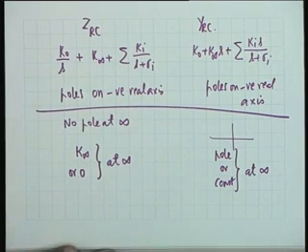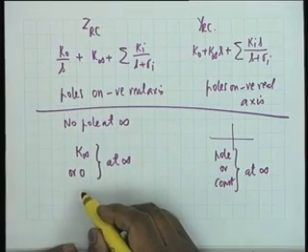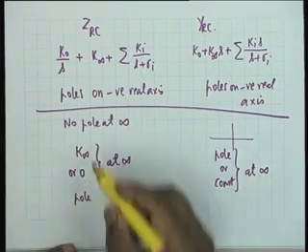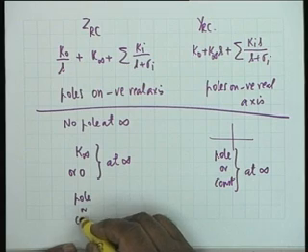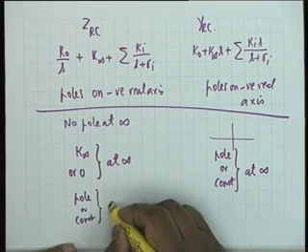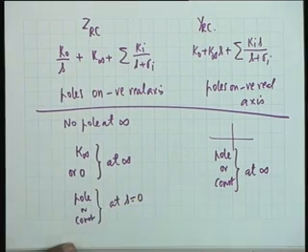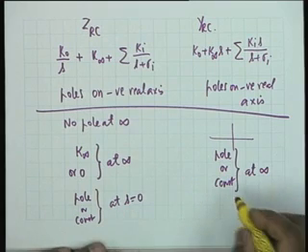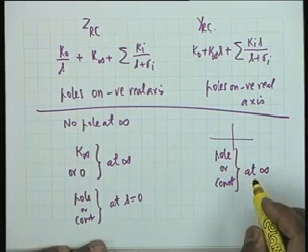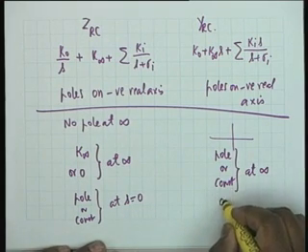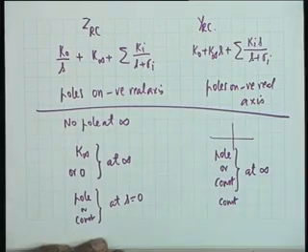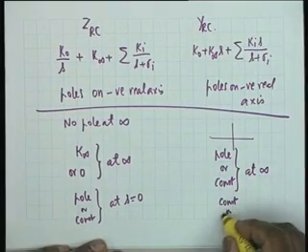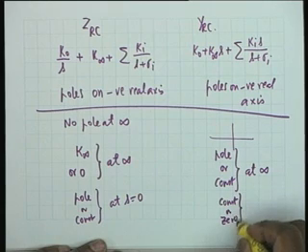And similarly at the origin, ZRC can have a pole because of this term, or a constant at origin at s equal to 0. On the other hand, for YRC at s equal to 0, it is either a constant which is equal to k0, or 0 at s equal to 0.